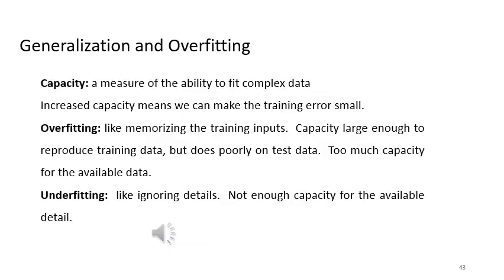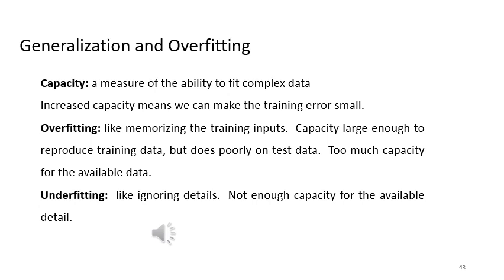So what you should keep in mind is that more complex models have the capacity to capture intricate patterns in the training data, but they need to be carefully regularized to prevent overfitting and ensure robust performance on unseen examples.